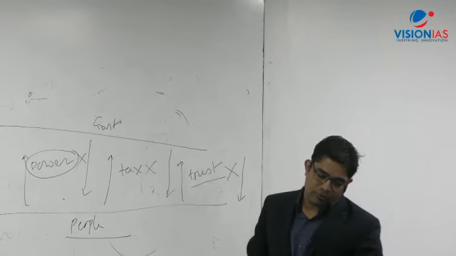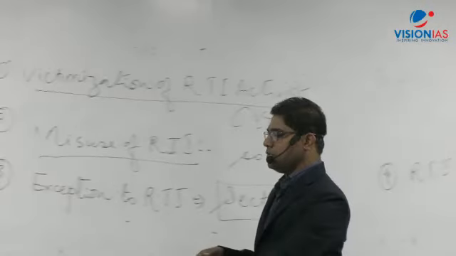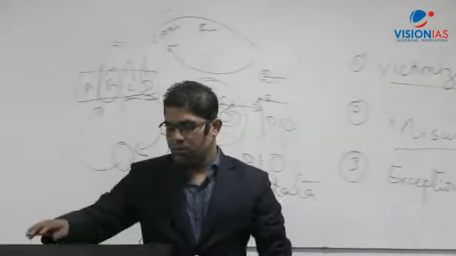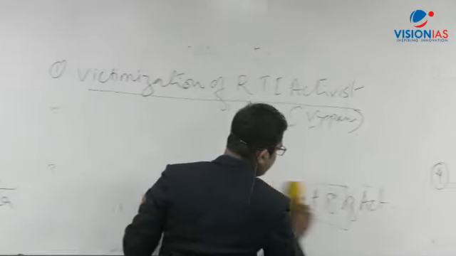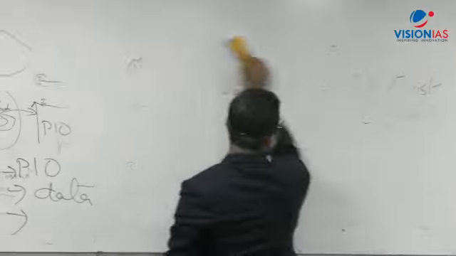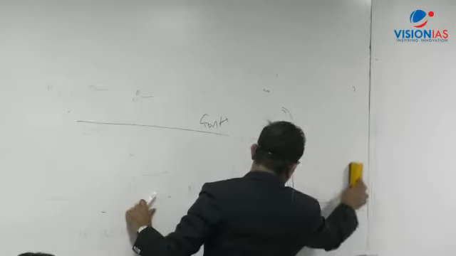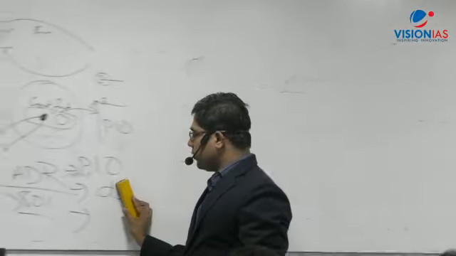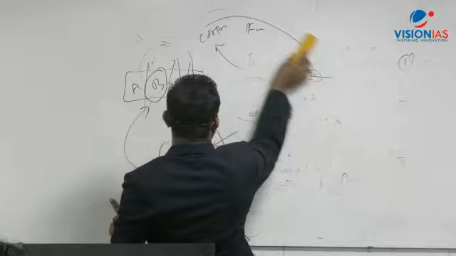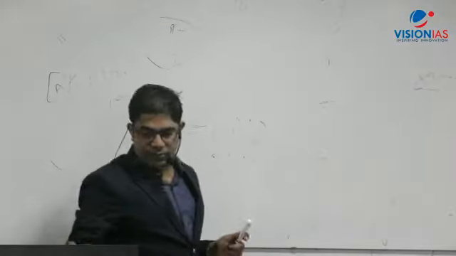Now write the mechanism of accountability. For our convenience, we are dividing it into two broader aspects. One is called horizontal accountability, and the other is vertical.